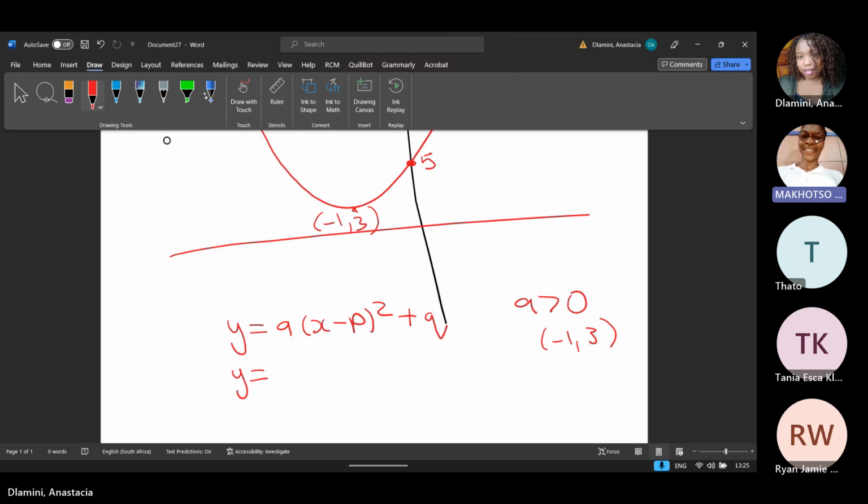Then our x is equal to positive 1. So we're going to have y equals a into x plus 1 plus 5.